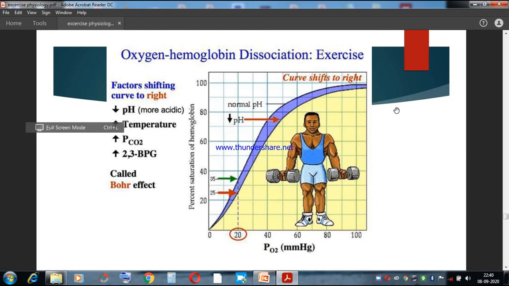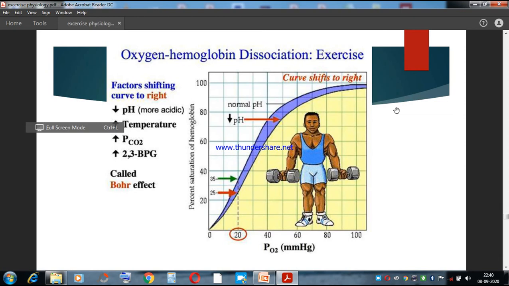So the oxygen hemoglobin dissociation curve you can see. I think we know the sigmoid nature of this graph. Okay, and there are factors which we have studied. In CVS you must have studied the oxygen hemoglobin dissociation curve. What are the factors that cause this curve to shift to the right and to the left?